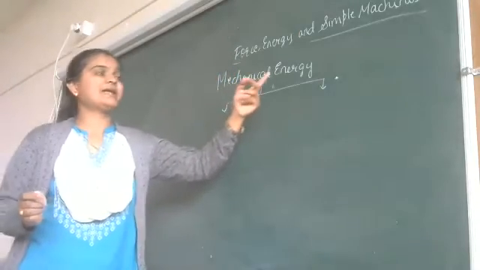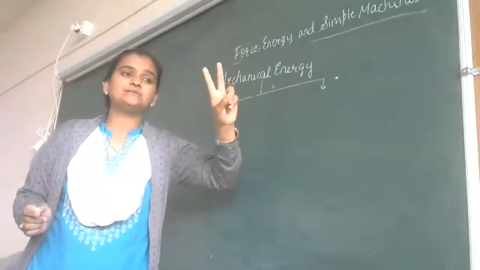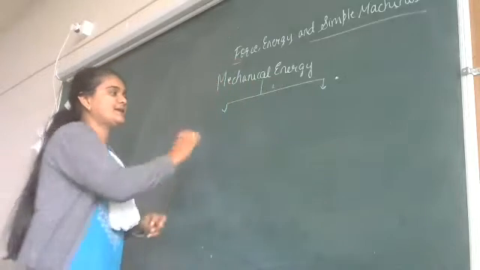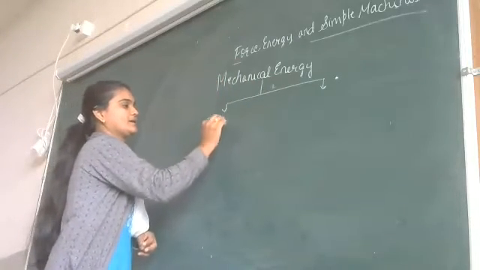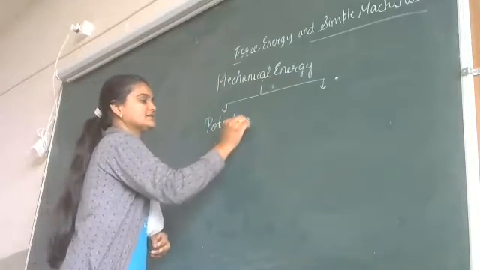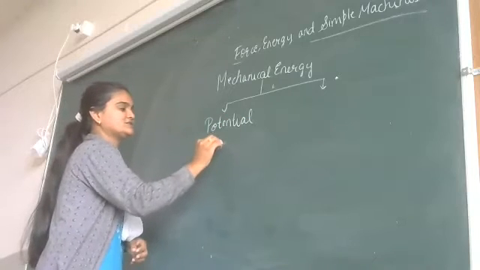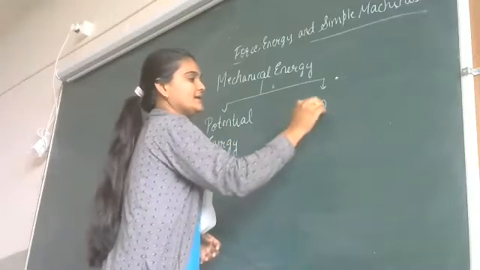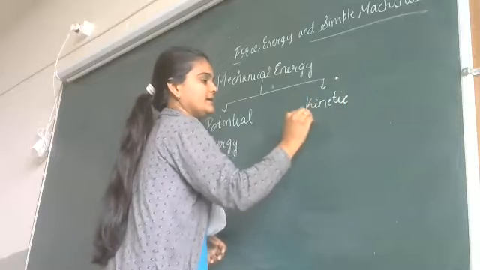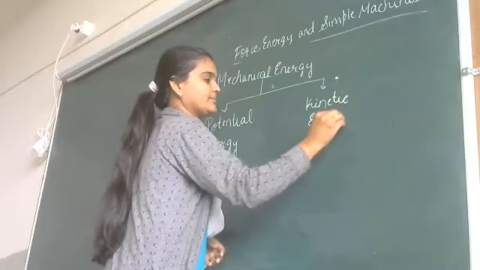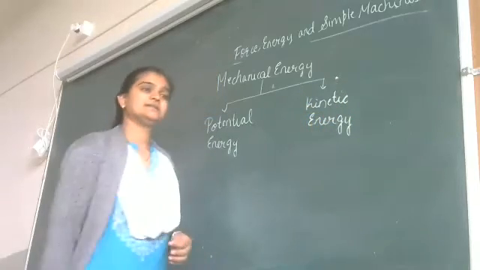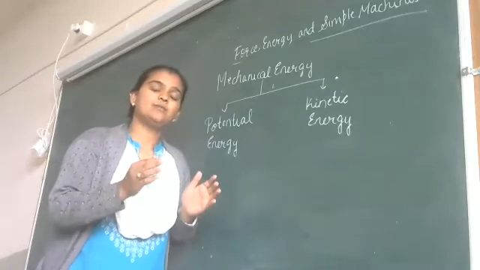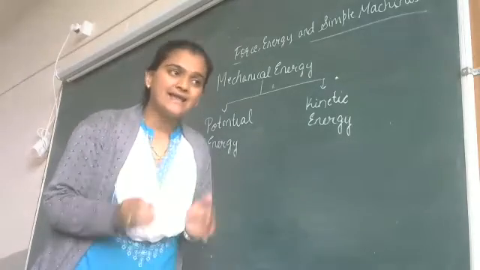Okay, and here we have two types of mechanical energy. The first is potential energy, and the second is kinetic energy. See here, we are discussing only about mechanical energy.